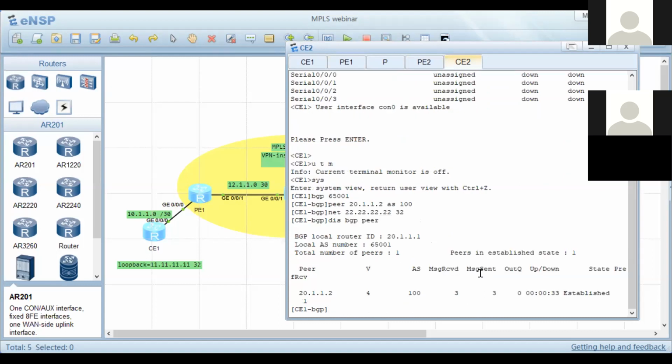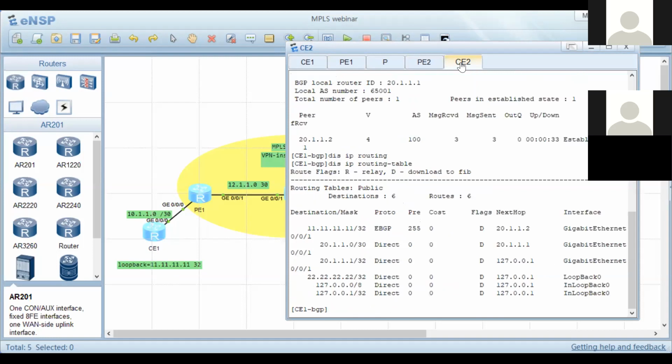So the final part is checking if the internal networks, that means 11.11.11.11 from CE1, is found on the IP routing table of the CE2. Display IP routing table. As you can see, using the eBGP already configured here.